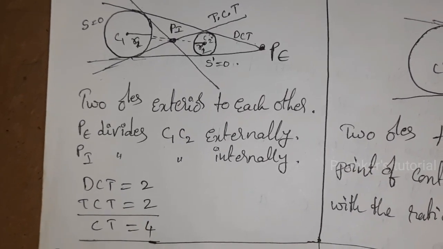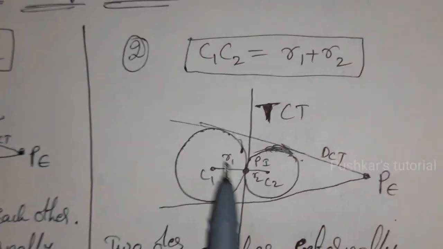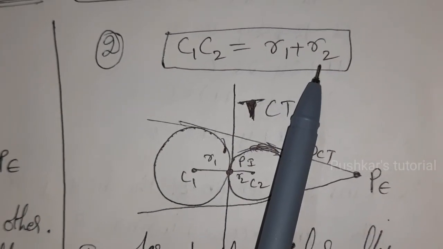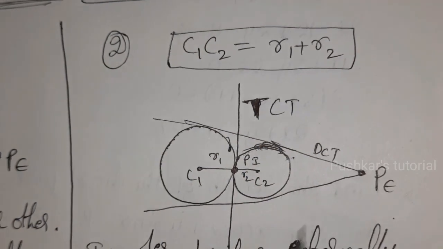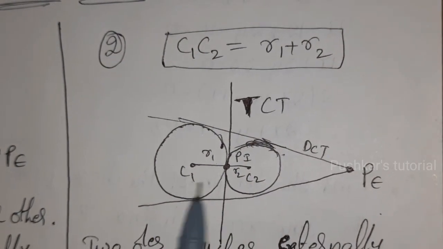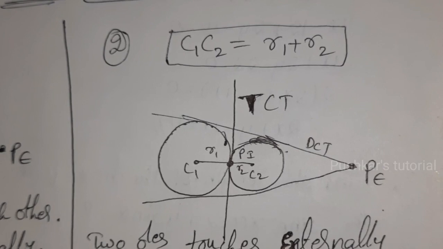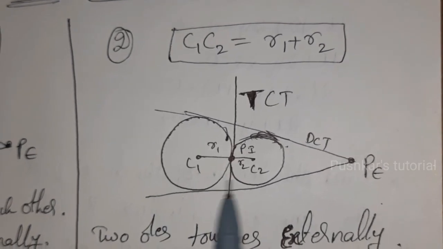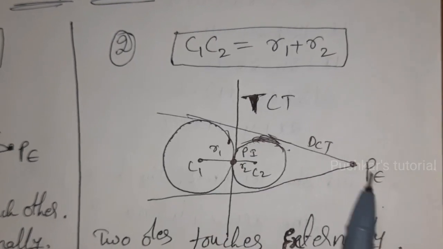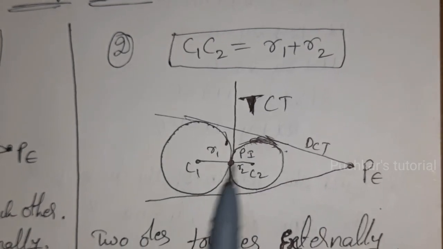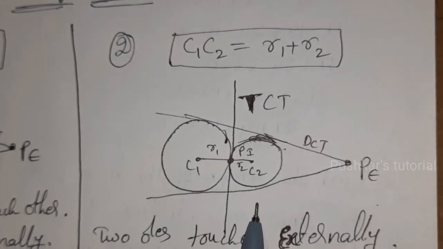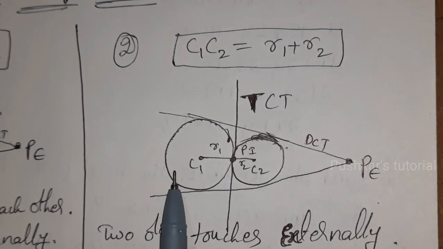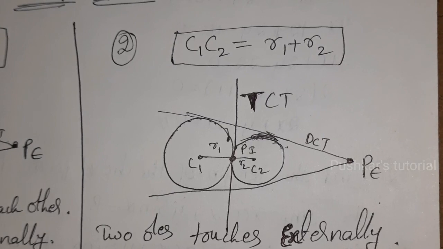The second concept: if the distance C1C2 is equal to R1 plus R2, then the two circles touch each other externally. The common tangents in the up direction and the down direction are DCTs. Then there is a TCT, one on the left and one on the right.